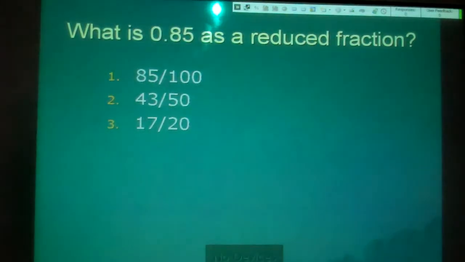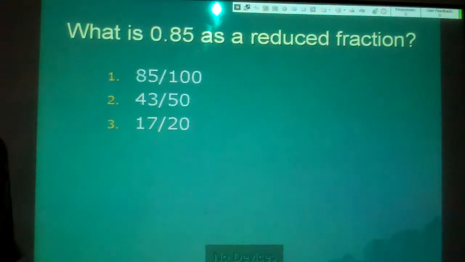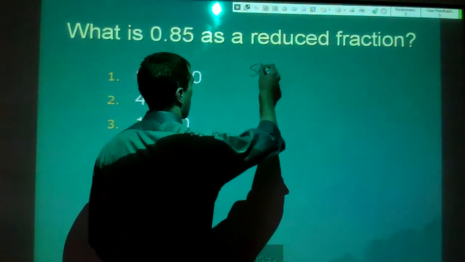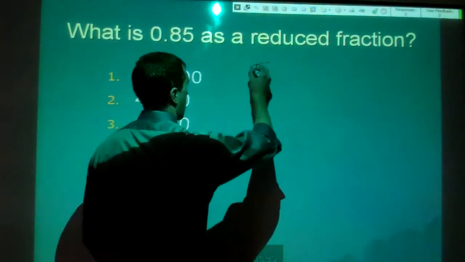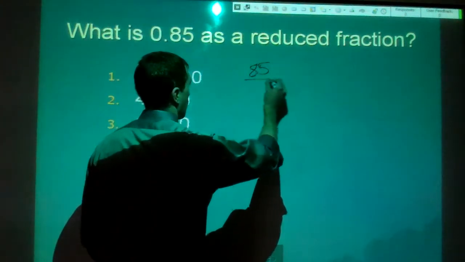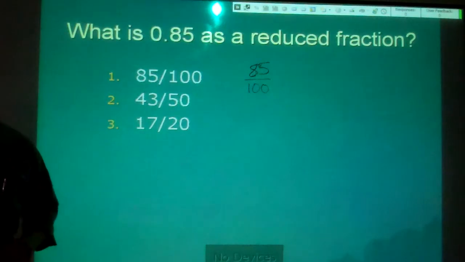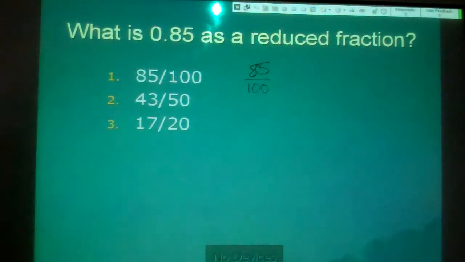Alright, so what is 0.85 as a reduced fraction? Well, we read that as 85 hundredths. So we're going to go 85 over 100. And the key here, as I said, is to write it as a reduced fraction.